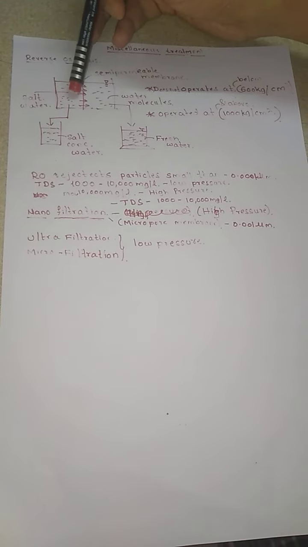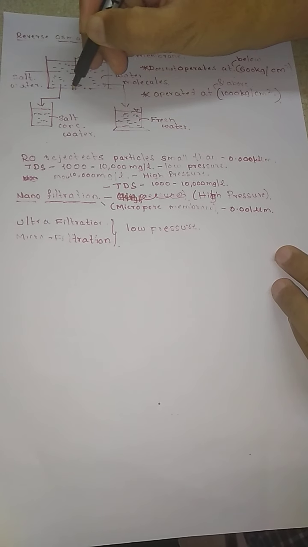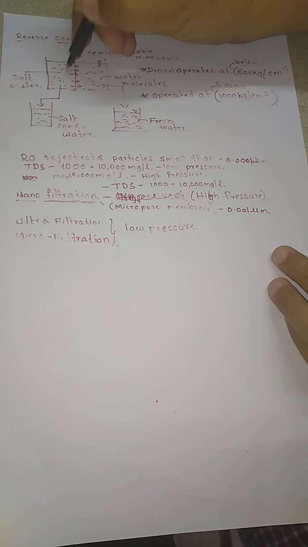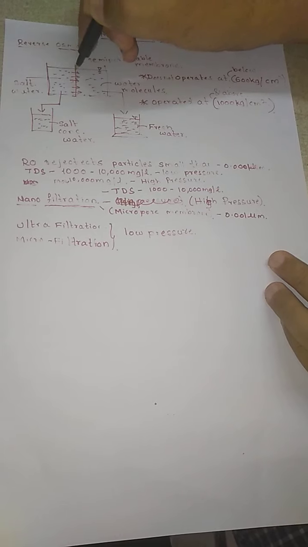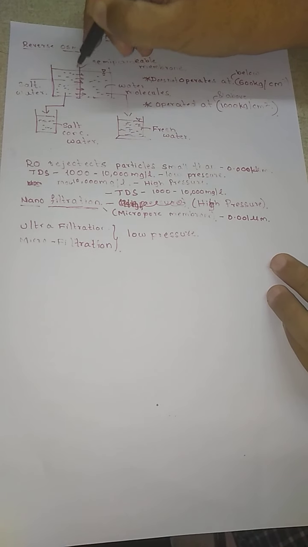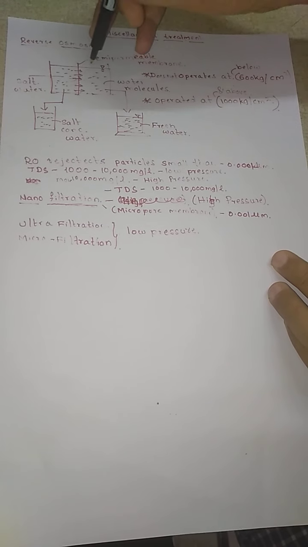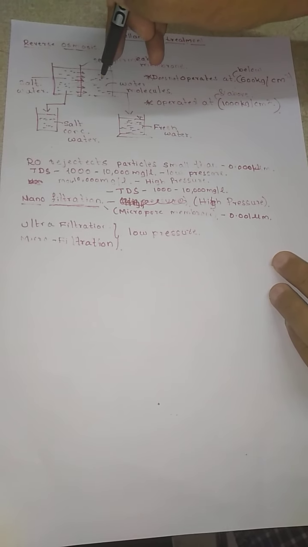When the salts and minerals get absorbed by this membrane, the salts and minerals remain on this side, and the water on this particular side will be free from salts and minerals.